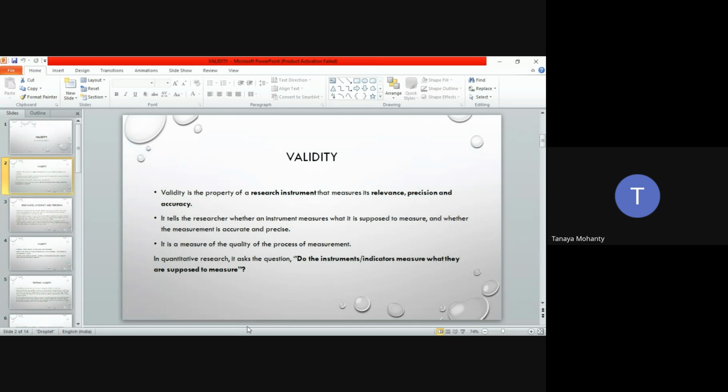Researchers are equally scientific, but when I say scientific, I mean research done in natural sciences. They have an already pre-approved, already available instrument. But every time you go to the field, you have to create your own research instrument. So for creating your own research instrument, you should be aware that you are asking the right question for the right problem.